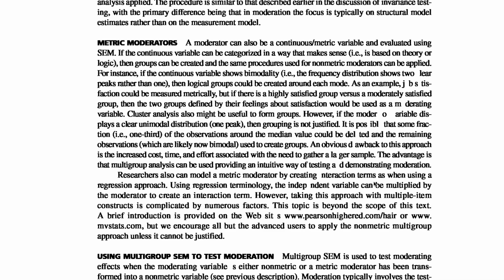Cluster analysis also might be useful to form groups. However, if the moderator variable displays a clear unimodal distribution with one peak, the grouping is not justified.